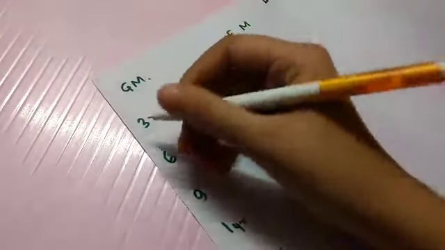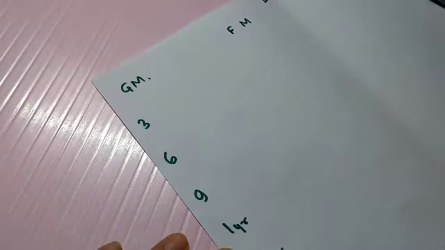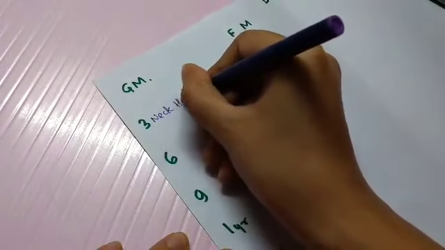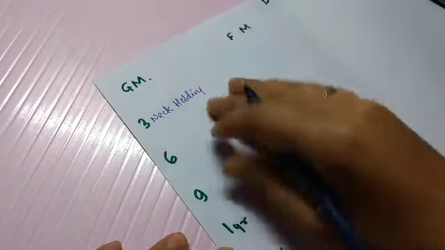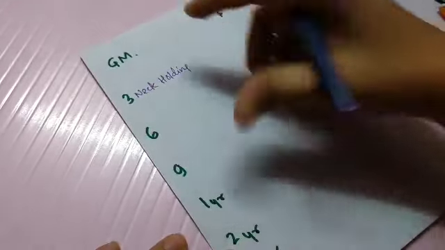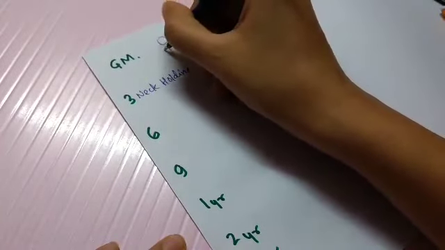At 3 months you can think of neck holding, and at 6 months the child flips over. Imagine the whole body of a child.